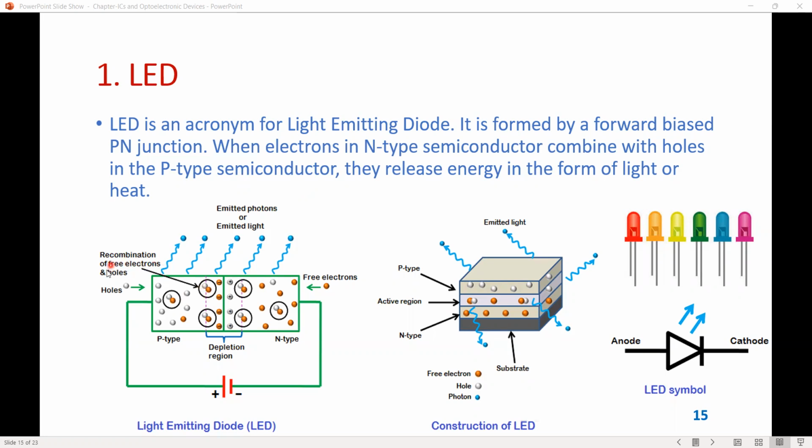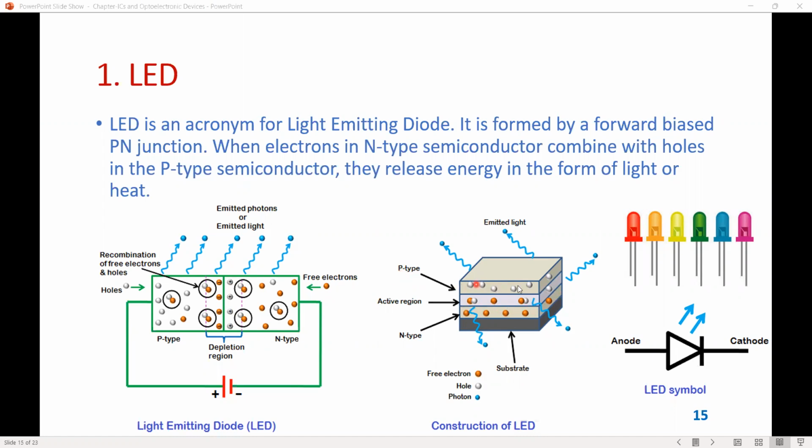So recombination of free electrons and holes happens here, and then it is releasing photons, which is basically creating light. This is the construction of the LED in detail. This is the substrate, the very first layer, guys. Then we have N-type material. Then we have the active region, where they combine, we call it the active region.